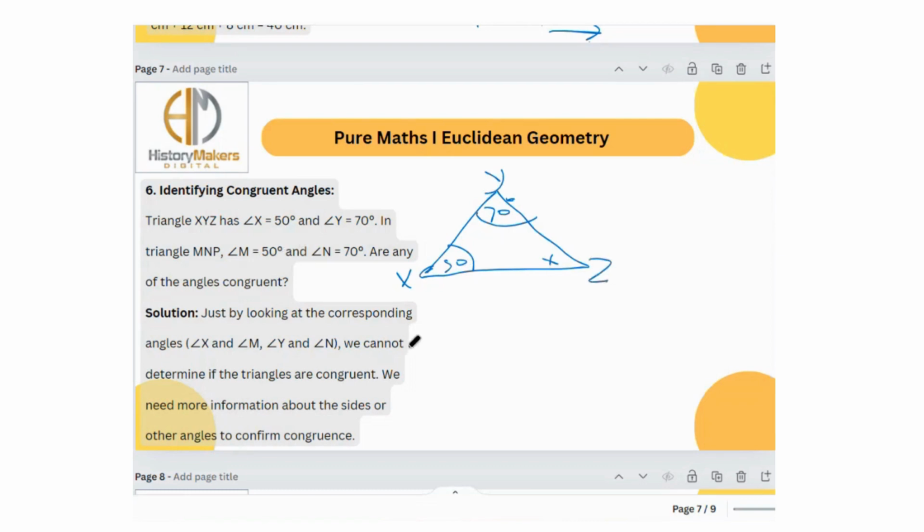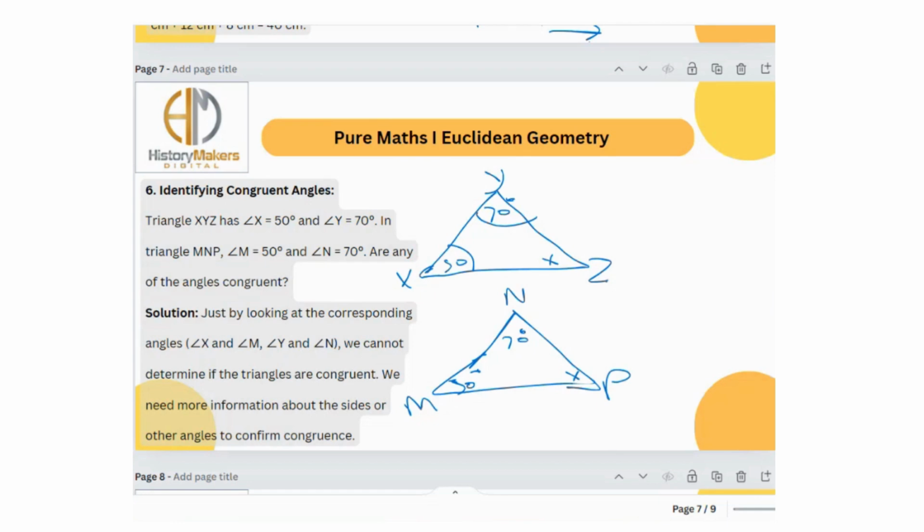And then they say you also have triangle MNP, where M is 50 and N is 70, which leaves us with P unknown.